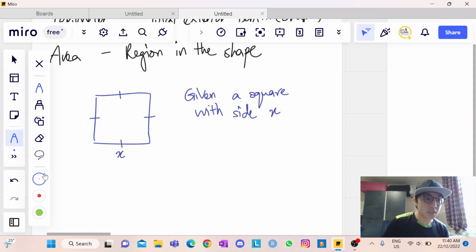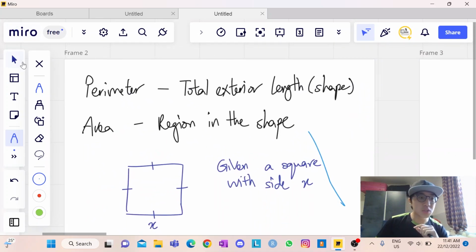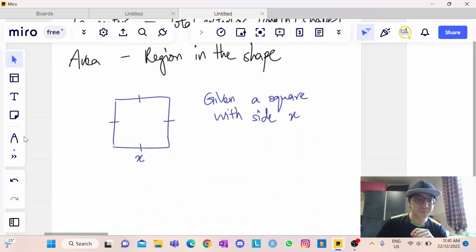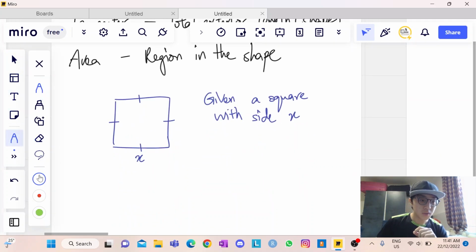All right, so first thing, what is the perimeter of a square? All right, the perimeter of a square is the total exterior length of the shape. So how do we calculate the total exterior length? Okay, I'm gonna choose this.